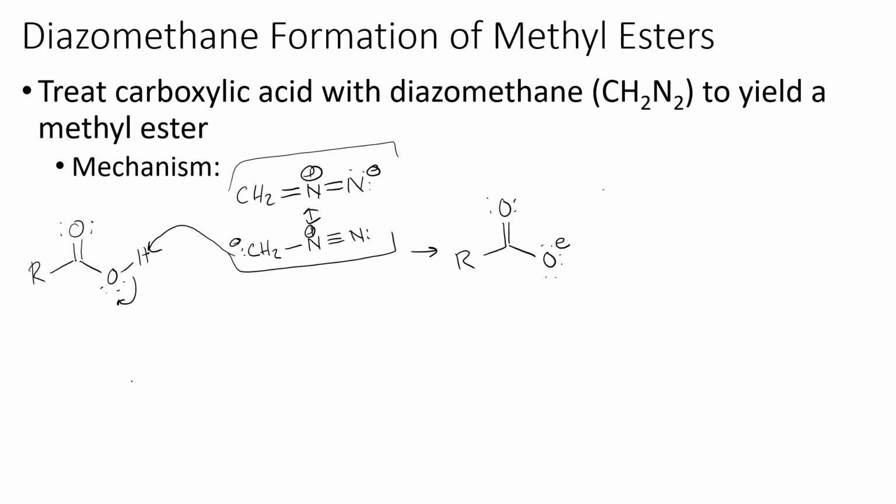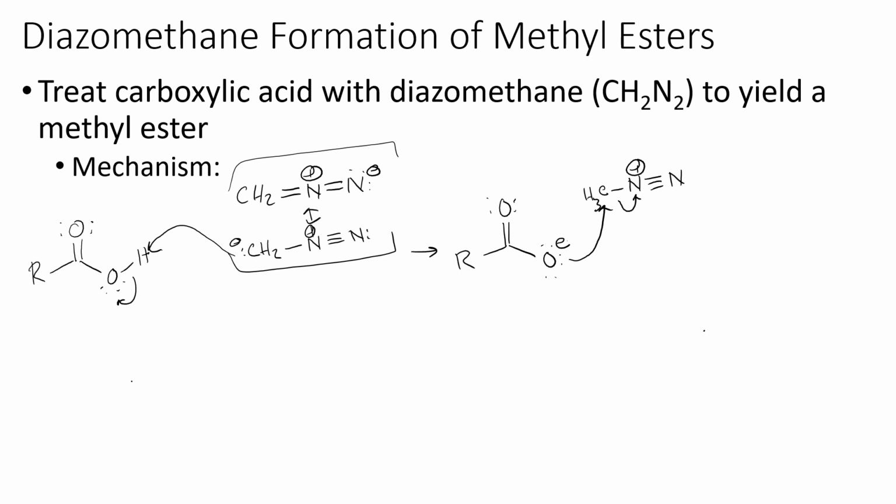And then we have a CH3 unit on that N2 unit, but it now has a formal +1 charge associated with it. From here, we're going to take advantage of our typical substitution reaction, where the O- will come in and attack the carbon.